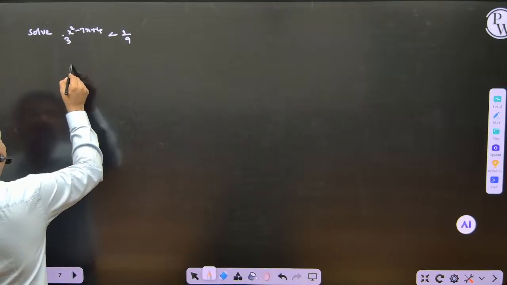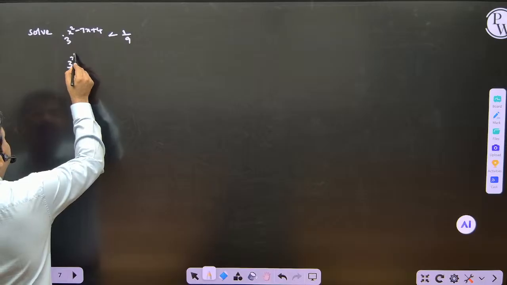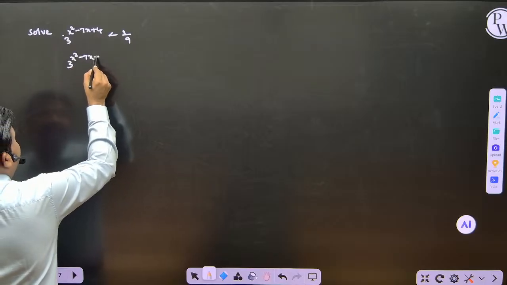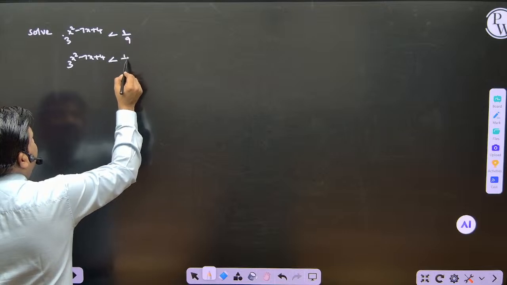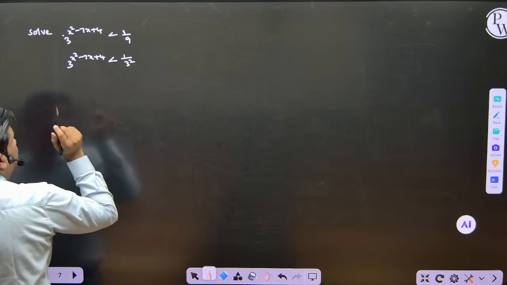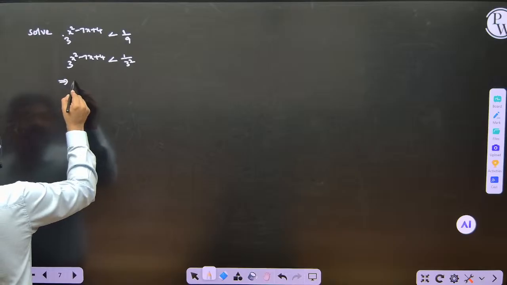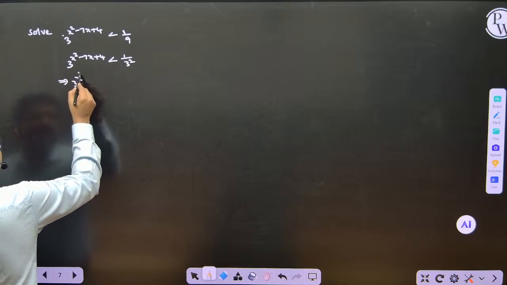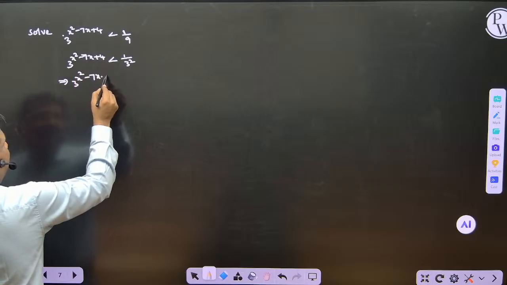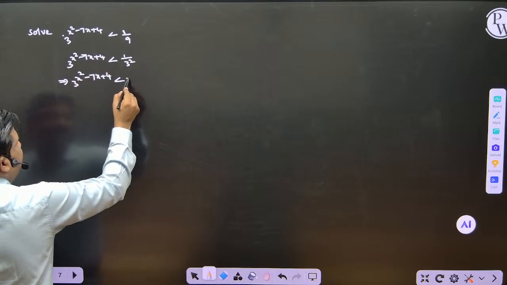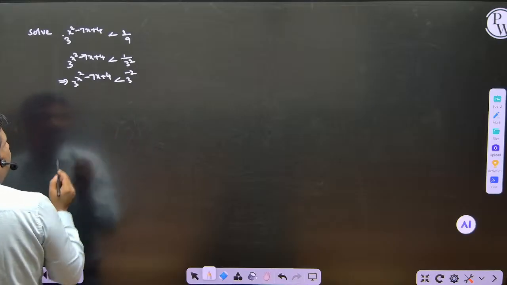How do I write it? 3 power x square minus 7x plus 4 less than 1 by 3 square. It implies 3 power x square minus 7x plus 4 less than 3 power minus 2.